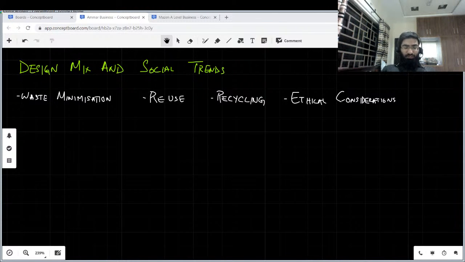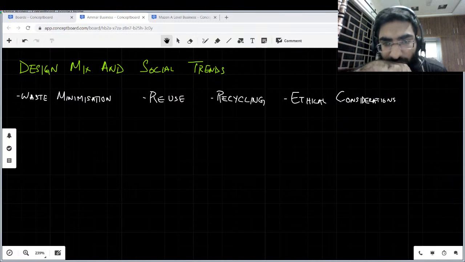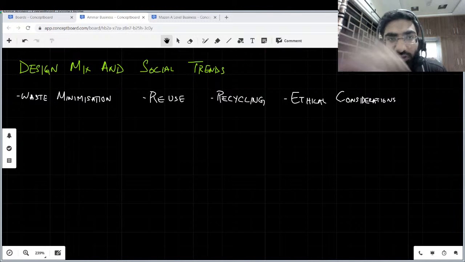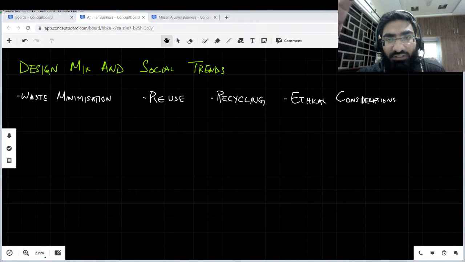For example, there is a perpetual debate that the resources on this planet are limited and scarce. So whatever we produce as a product, for example, if I were to reduce waste, I would design a long lasting product. Similarly, the product would use less energy both in its production and in its operation.